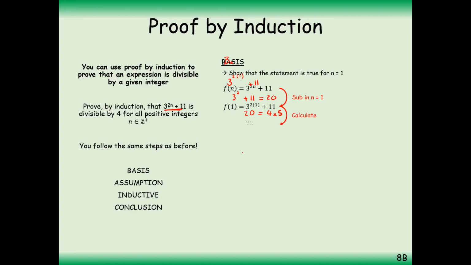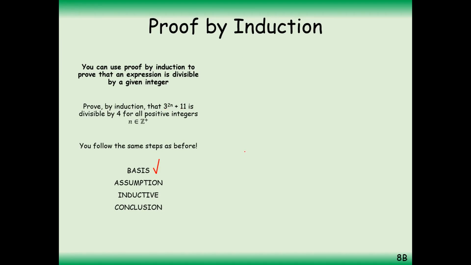So then what we're going to do is move on to the assumption step. Now, the assumption step is the easiest part, I believe, because we don't have to do a lot of work. We are just assuming that the formula works for some integer value k. This k doesn't need to be a specific number as long as k is an integer. So at this stage, we are making an assumption that this formula is divisible by 4.